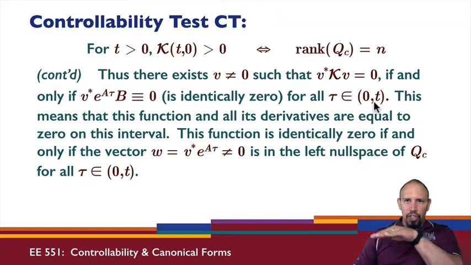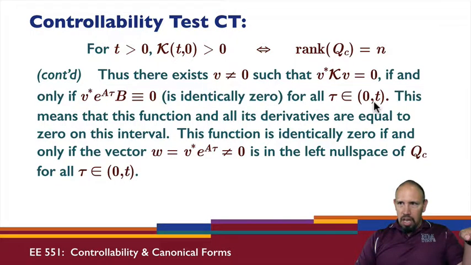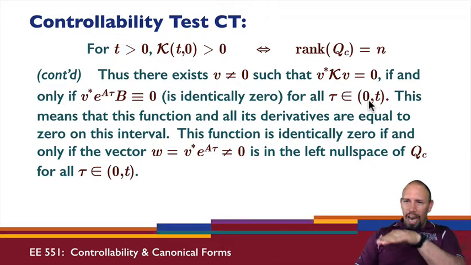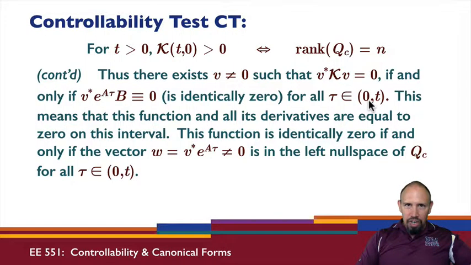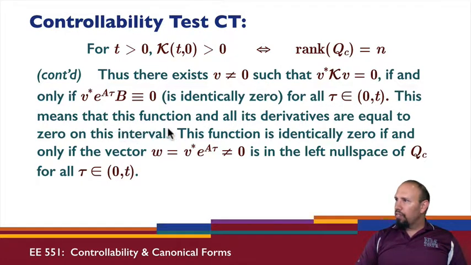Since it is identically 0, the derivative is 0. So it's a constant, and its first derivative is 0, and the next derivative is 0. And so you can show that the function and all its derivatives must be equal to 0 on this interval. So not only is that function 0, but all its derivatives are 0 on that interval.